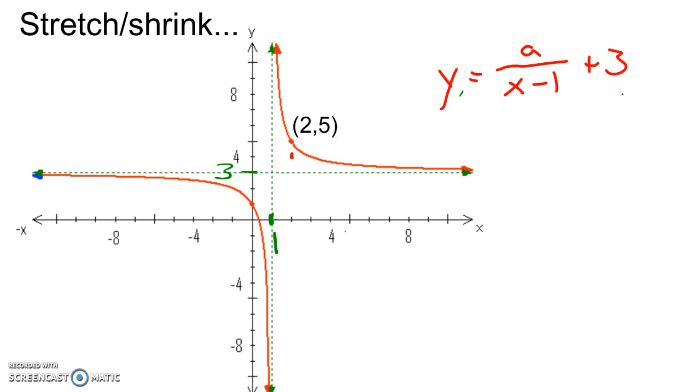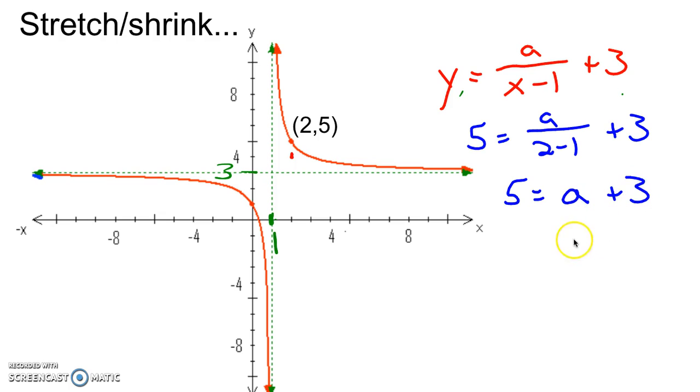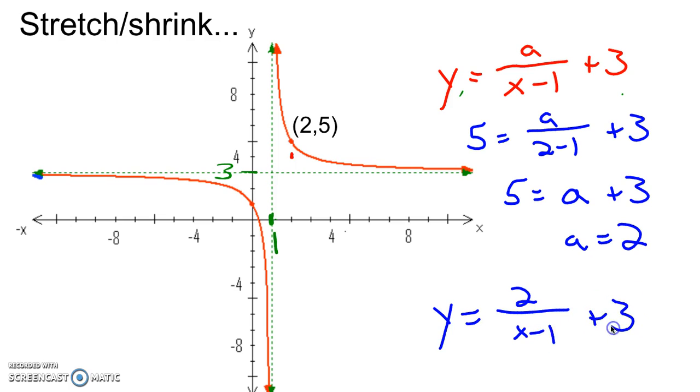So what you're going to do is plug those in for the x and the y. Keep A because that will be what we're solving for. When you solve this equation, we get 5 equals, A over 1 is just A, and A is equal to 2. That means I can rewrite my equation with a 2 where the A goes. And that's how I know what my stretch or my shrink is.